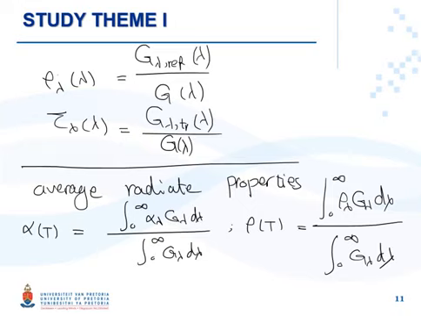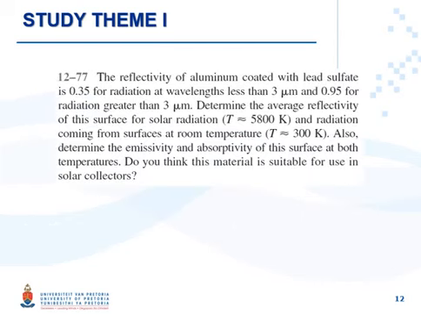Now let's solve a question and see how we can use this concept in action. This is question 12.77 of your textbook. The reflectivity of aluminum coated with lead sulfate is given. If you remember, I told you anytime we see any solid, we can say it's opaque.